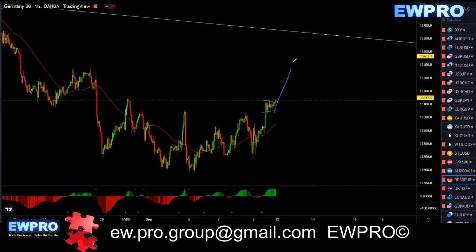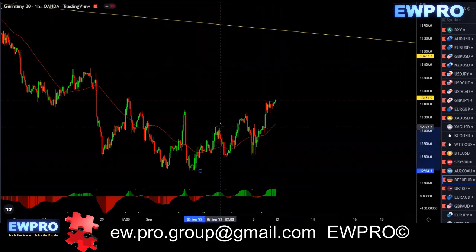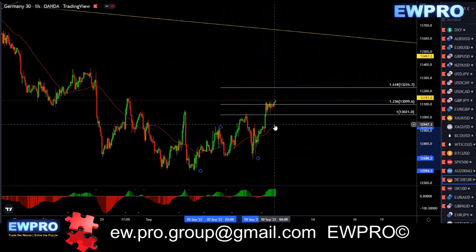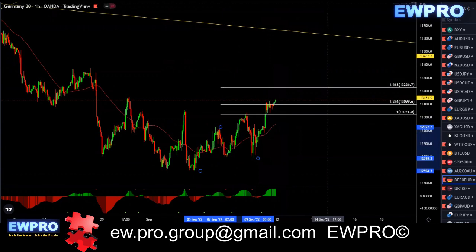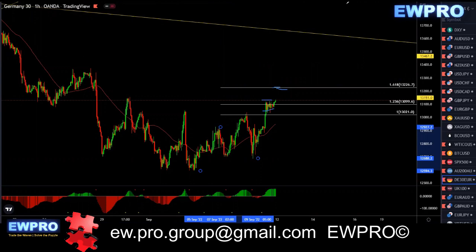If you trade this, you definitely could look for more upside, even if you only get an A, B, C, but it may turn into a WXY or motive. So if you take this, you want to be watching this 161.8 area.